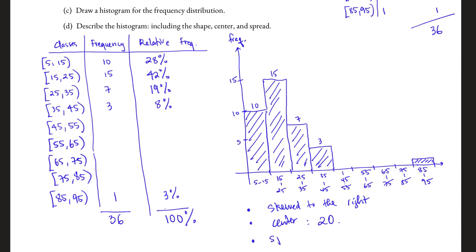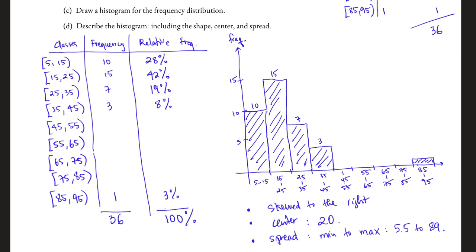Now the spread, there are many ways to describe the spread, but for now, the spread is from the minimum to the maximum. The minimum in the data is 5.5 and the maximum is 89. And so we would say that the spread is 5.5 to 89.